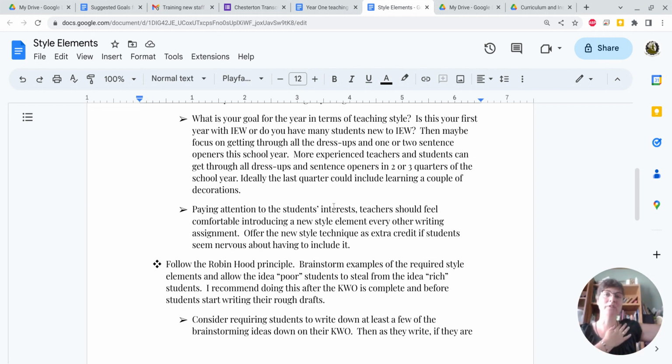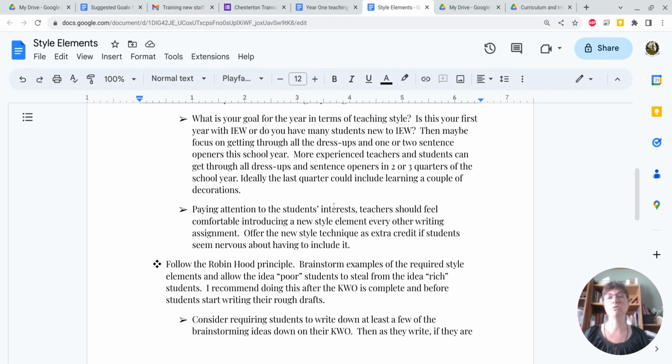It can be really helpful to have the posters up in your classroom, and the school has purchased several sets of posters, so you should be able to find a set of posters you can use or make a request for some. But about every other writing assignment, you can probably introduce a new style element, unless they're really stuck on the last one and struggling, then give them a little bit more time.